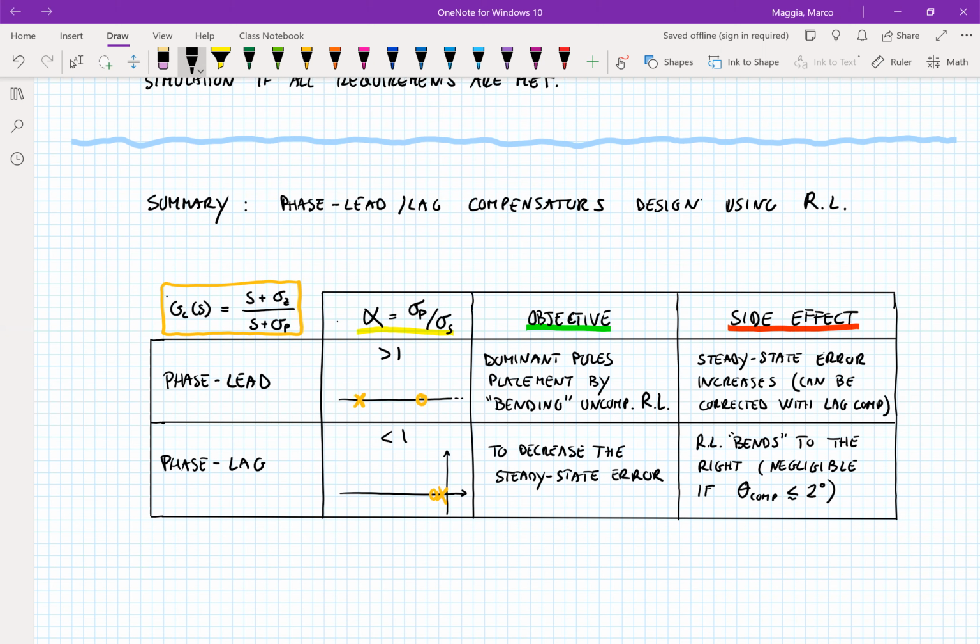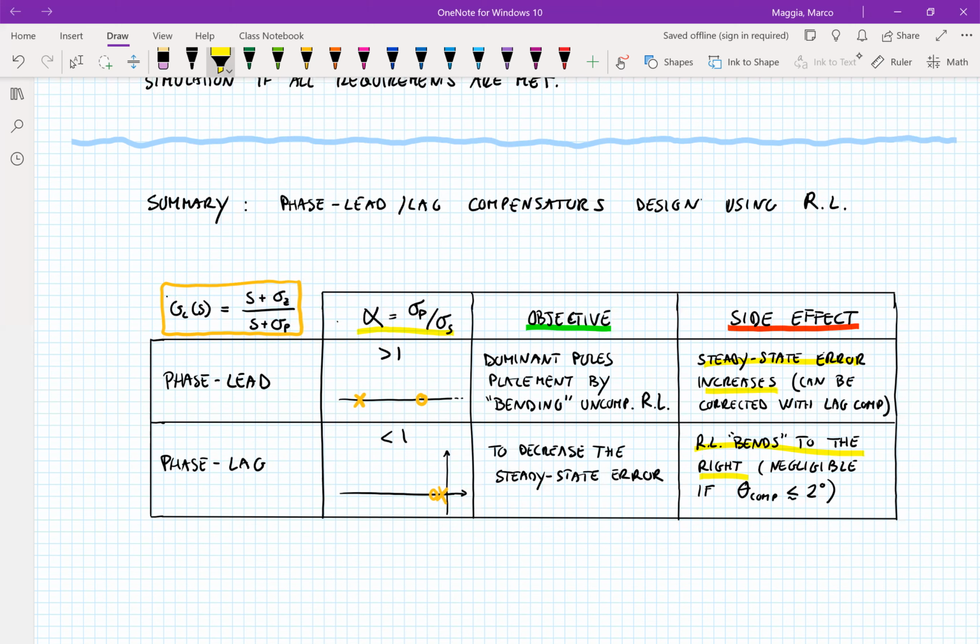Now, we have something that we can achieve that I call the objective, but both the lead and the lag compensators will have a side effect. So the side effect of the lead compensator is that the steady state error will increase, but of course, that can be corrected by using a lag compensator later on. And the side effect of the lag compensator instead is that it bends the root locus to the right. So it moves it away from the dominant poles.